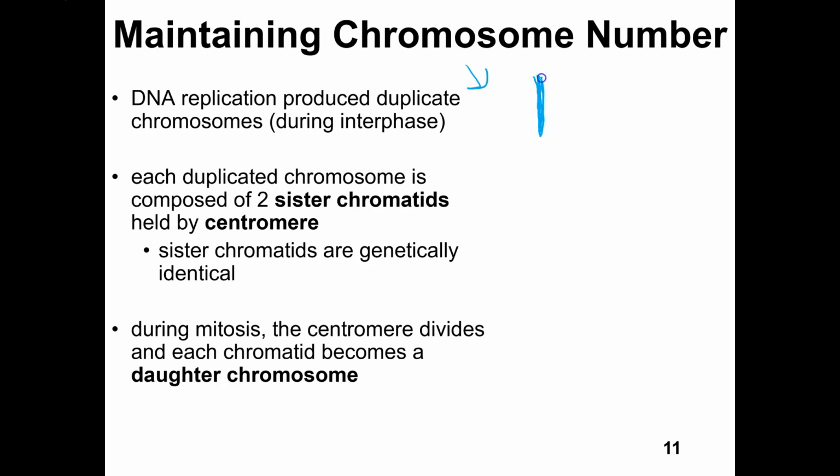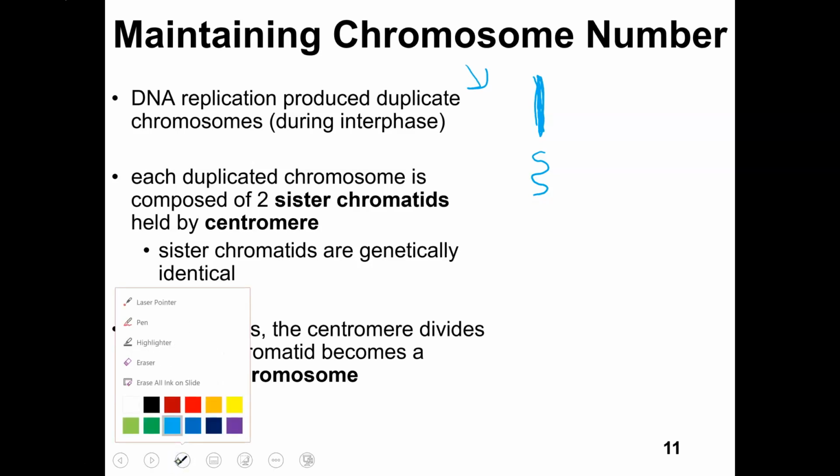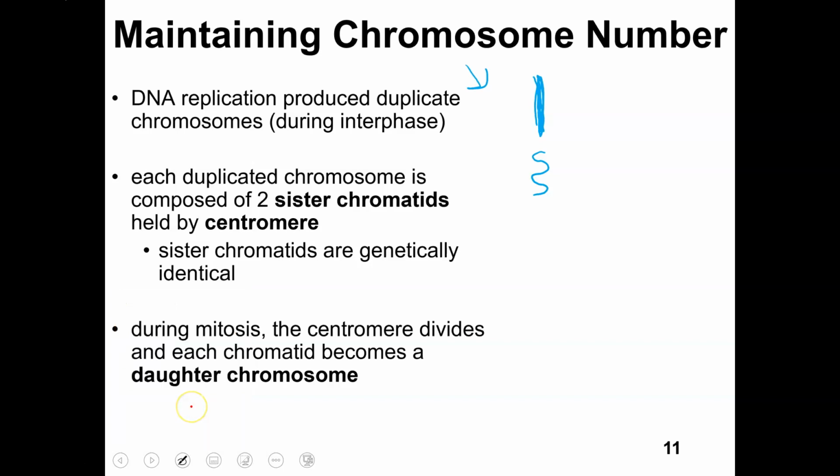So we'll just say this is one parent's chromosome. And there's another one from the same parent. And then I'm going to use red for the other parent's chromosome. And there's the other one, okay?